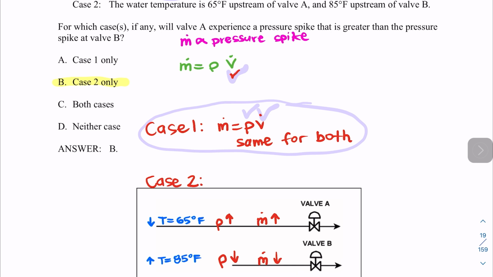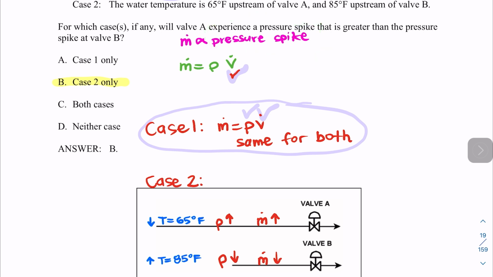Okay, what is the question? It says, for which cases, if any, will bulb A experience a pressure spike that is greater than the pressure spike at bulb B? And remember, mass flow rate has to do with pressure spike. So it's just asking me about the mass flow rate.